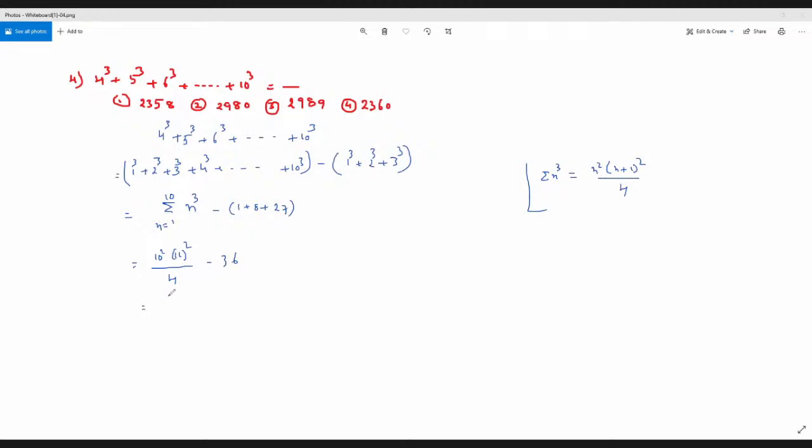It is 25 into 11 whole square, which is 121. It is 100 by 4, 25. It is 25 into 121 minus 36. So it is 3025 minus 36. So clearly we get 2989. Please write down the third option.